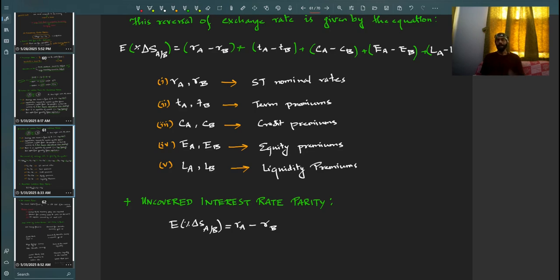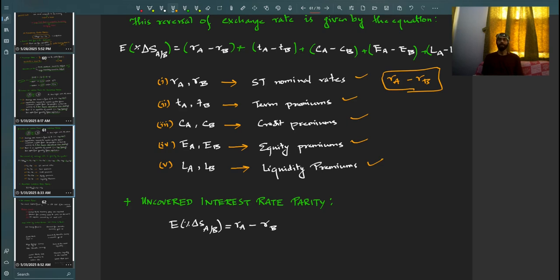Uncovered interest rate parity. Now, uncovered interest rate parity claims that of these 5 premiums, that is the differential between the short-term nominal rates, the term premium, the credit premium, the equity premium, and the liquidity premium, only the first one matters. That is the differential between the short-term nominal rate of A and the short-term nominal rate of B. This is what will be expressed as the change in the exchange rates.